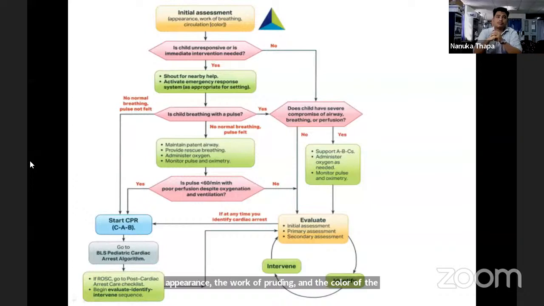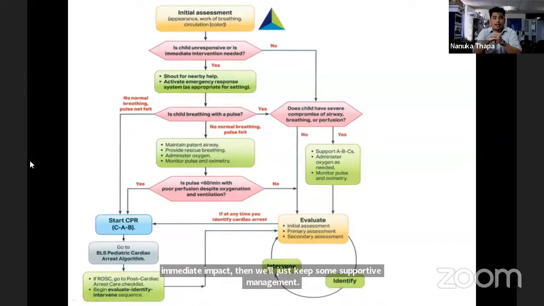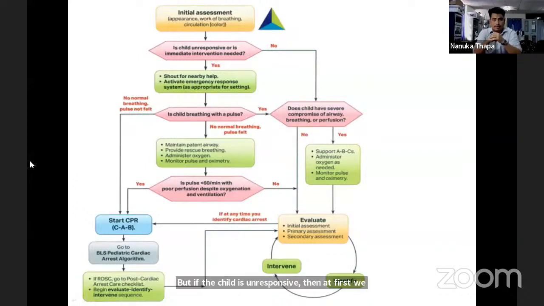Based on that, we have to see if the child is unresponsive or if any immediate intervention is needed. If the child is not unresponsive or doesn't need any immediate intervention, then we'll just give some supportive management. But if the child is unresponsive, then at first we should call for help from whoever is nearby.